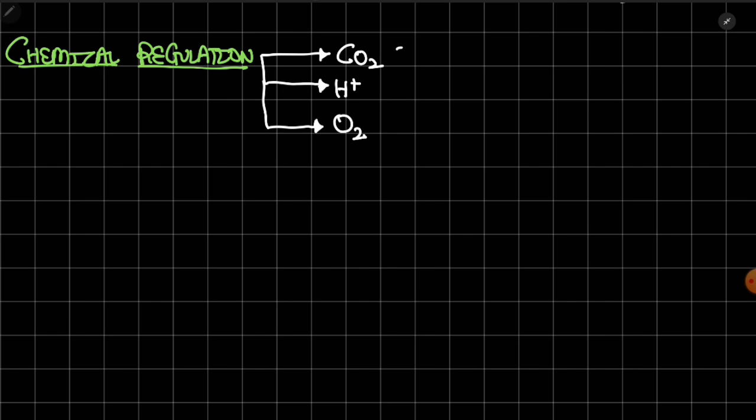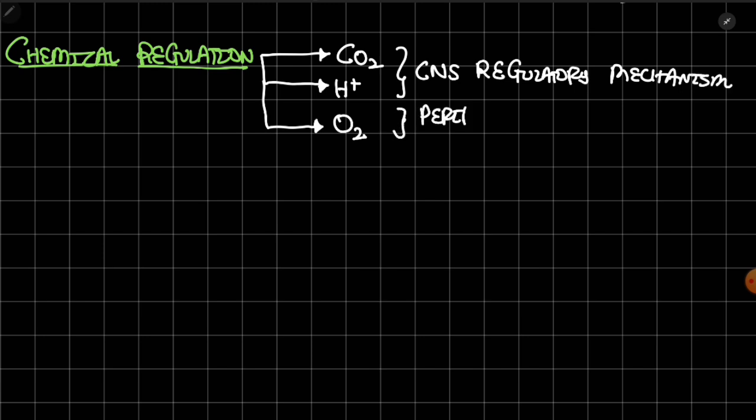Where the CO2 and H plus are included in the CNS regulatory mechanism, while the O2 is the peripheral receptor.